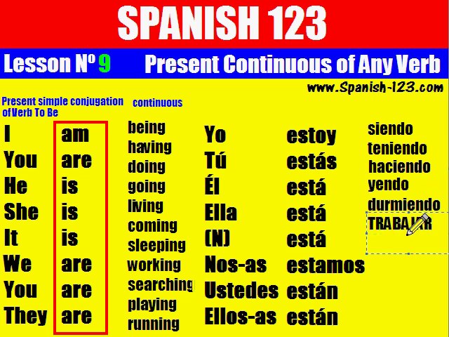And the continuous is trabajando. Nosotros o nosotras estamos trabajando. Ella está trabajando. Tú estás trabajando. And so on. It's very easy.